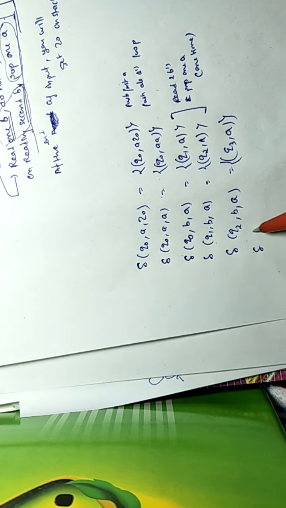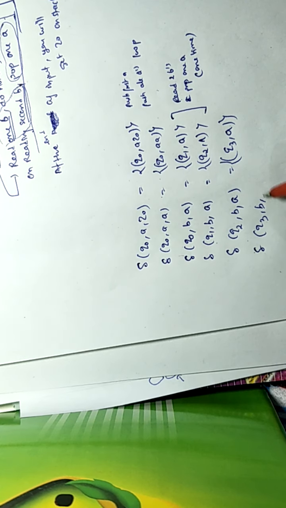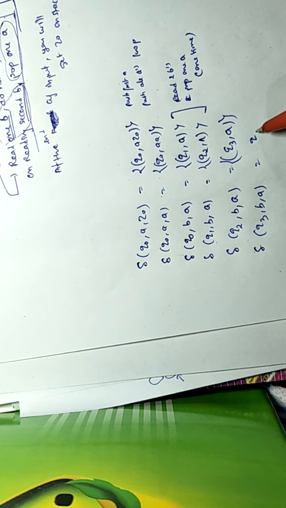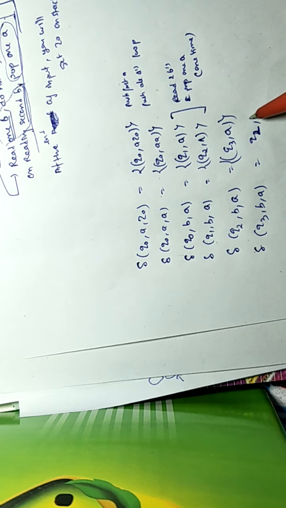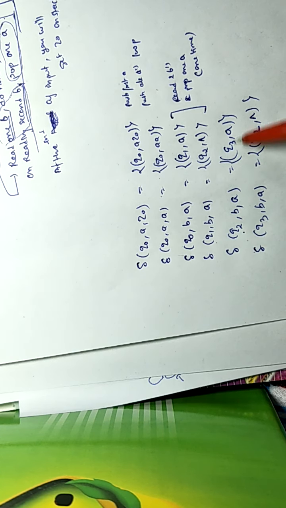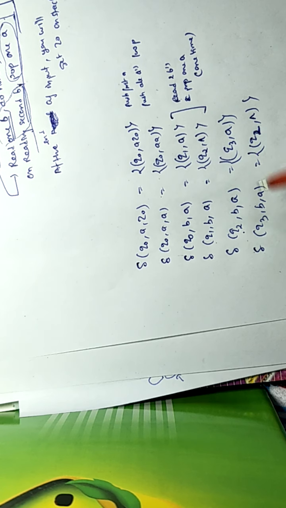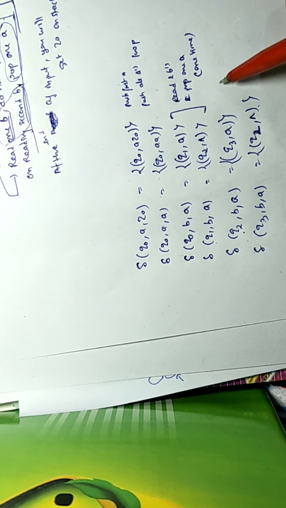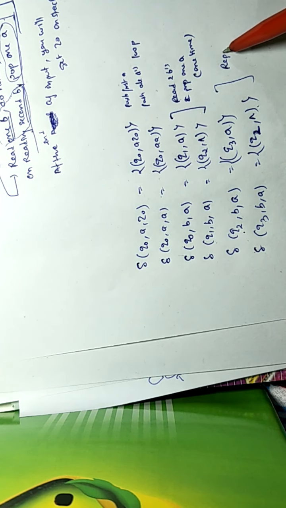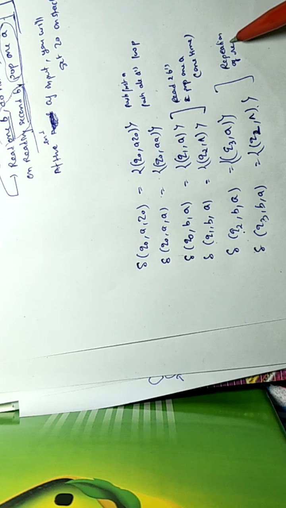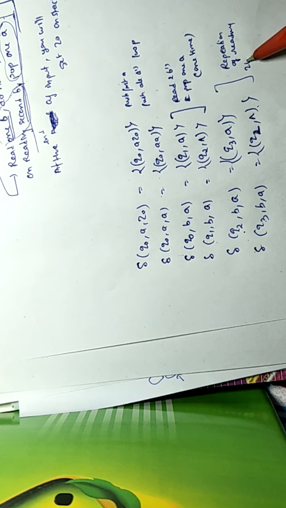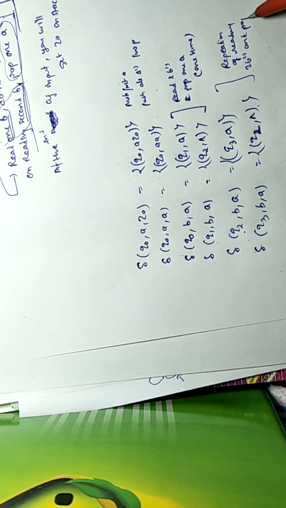Now at Q3 reading b, a on top, we move to Q2 again so that we create a loop, and we do the pop operation here. So from Q2 we move to Q3 doing nothing, and from Q3 we pop a and move to Q2. So it becomes a cycle, a repetition of reading 2 b's and popping 1 a.